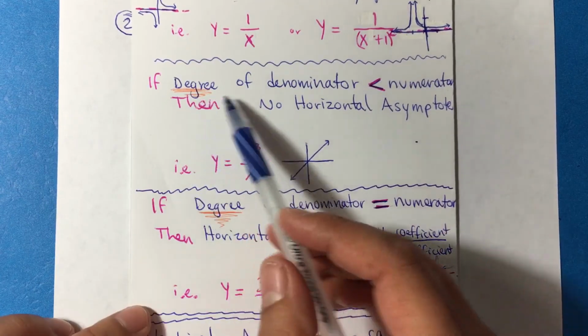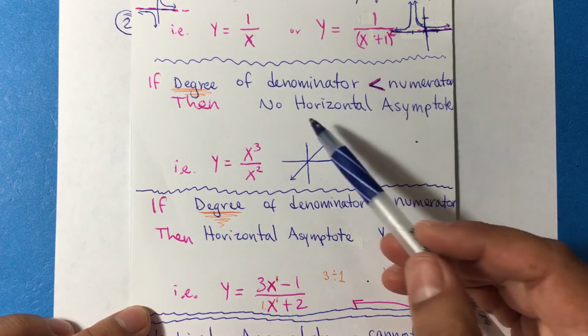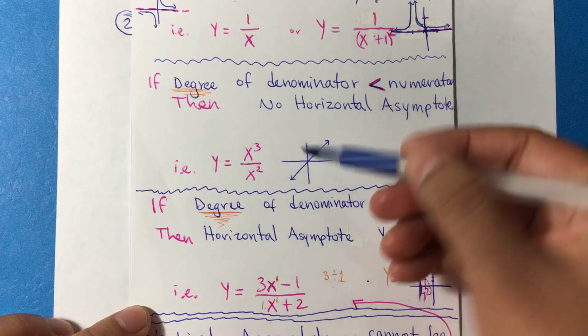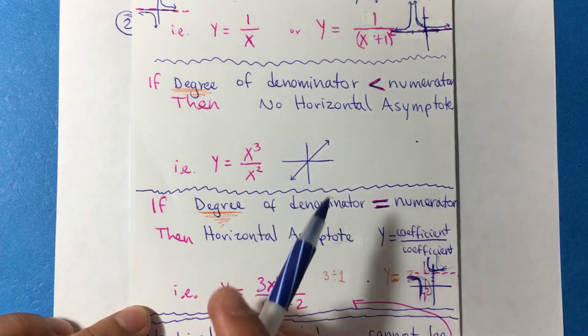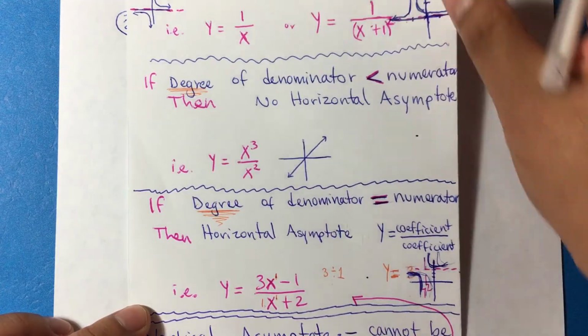If the degree of the denominator is less than the numerator, there is no horizontal asymptote. It means that it goes infinitely down and infinitely up, so there is no breaking in the middle of that function.